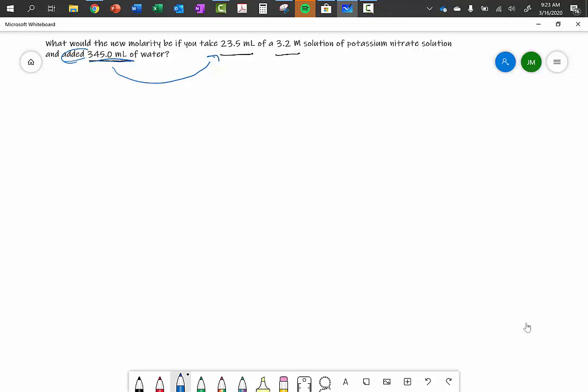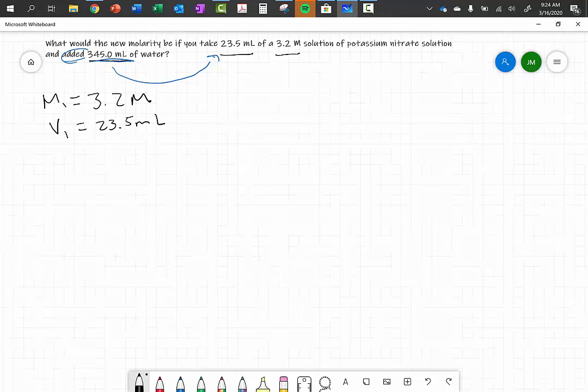So in this case, first thing we got to do is establish what we have. So I know I have a specific molarity given to me of 3.2 molar with an initial volume of 23.5 milliliters. I know that I have another volume.